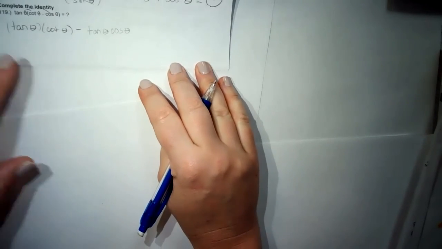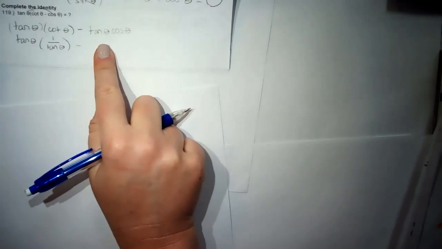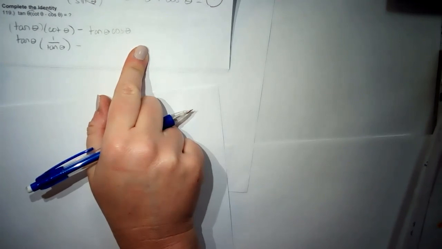Okay, good. All right. So some of you may already know what this is going to equal. A function times its reciprocal equals what? 1. All right, if you're not so sure about that and you want to see it, change that cotangent to a tangent. And then you'll see that they cancel and that you're going to get a 1 there. Okay. All right. Now over here, I have tangent times cosine.